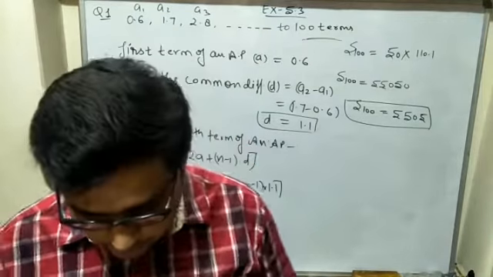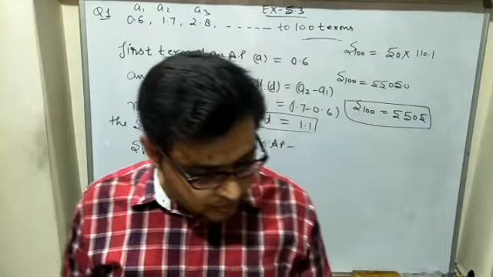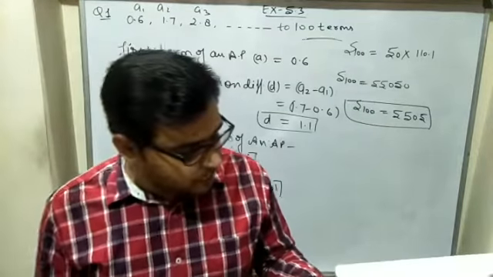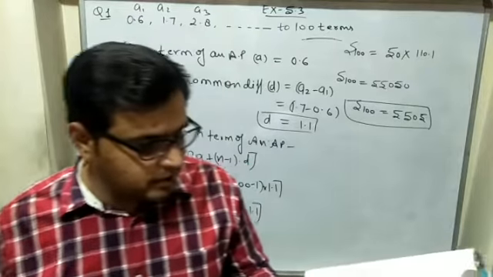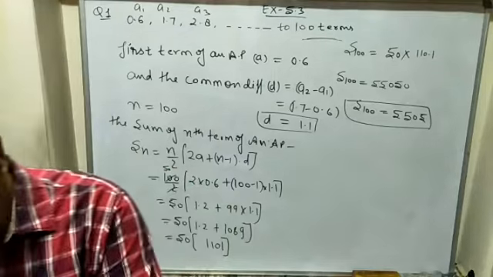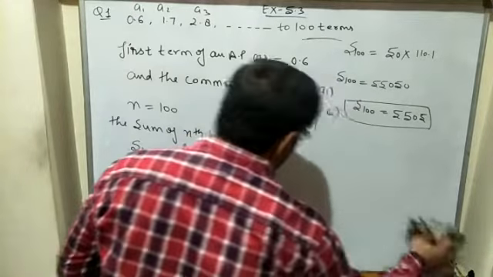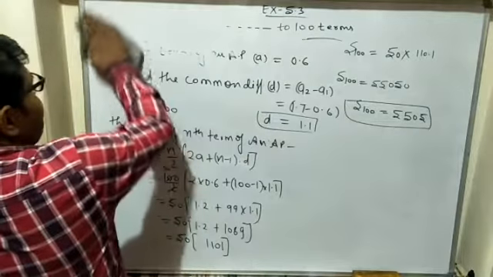Okay, next, second question. Your second question is to find the sum of the following APs given below. It means we have been given some APs and we have to find the sum of all these. So let's see how we can solve.